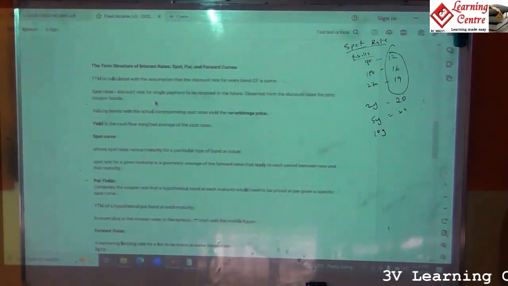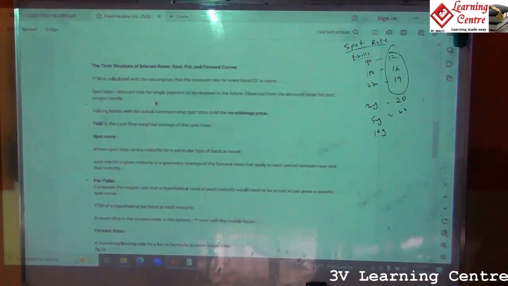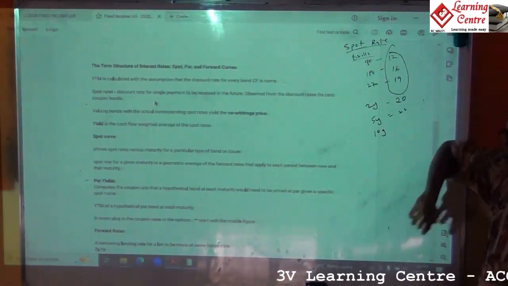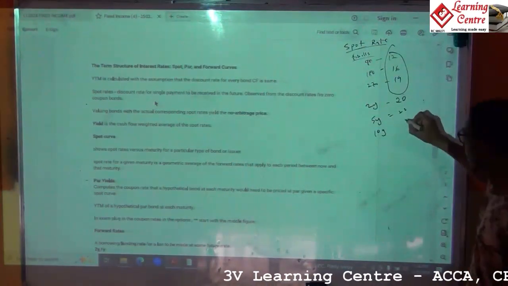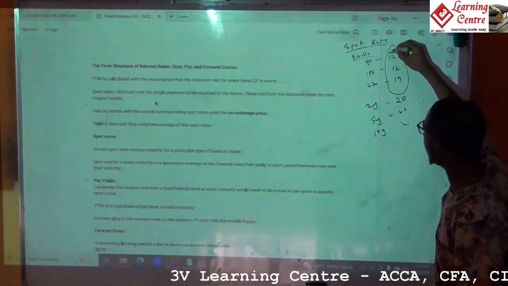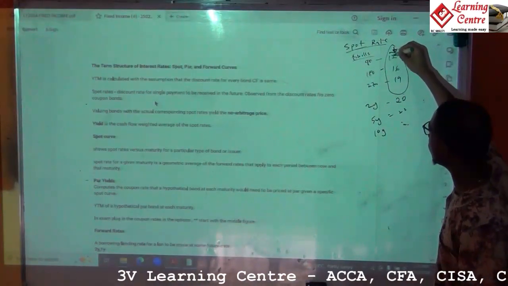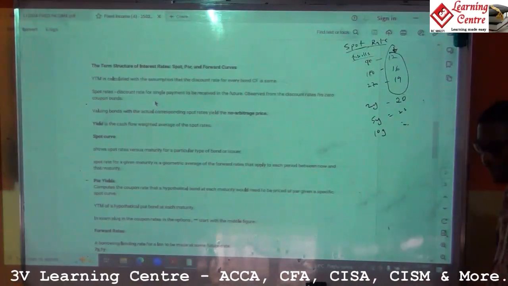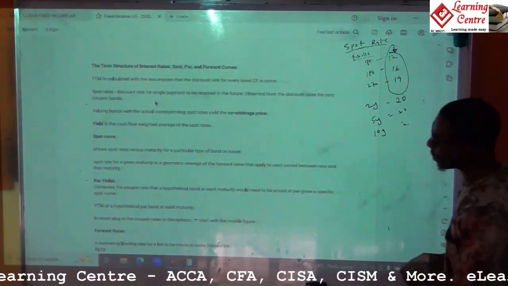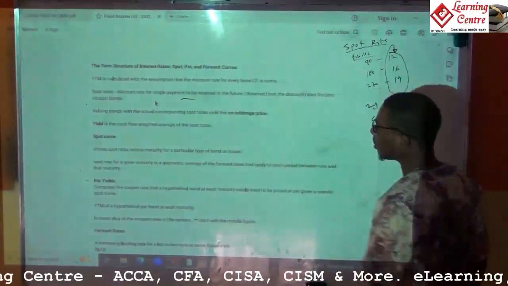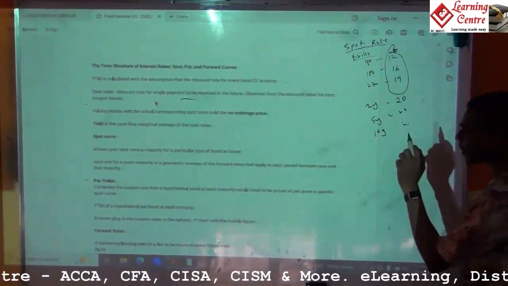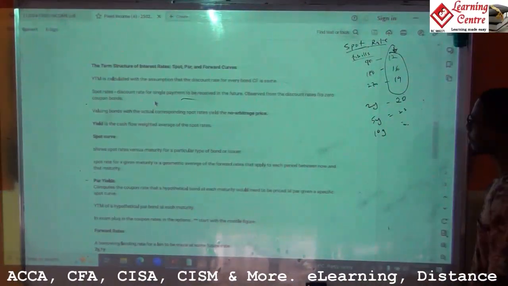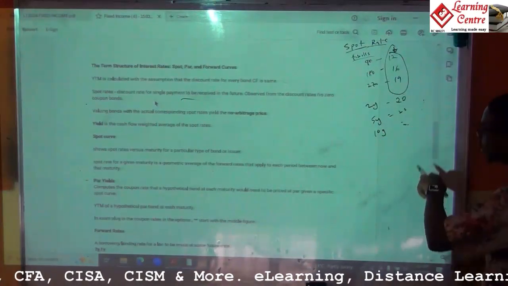Zeros mean pure discounting instruments, and we are expecting only a single cash flow at the end of the term. The quoted yield of these instruments will form our spot rate at a specific point in time. So that's why I say that a single instrument gives us the discount rate on zero coupon bonds. That's what forms our spot rate.